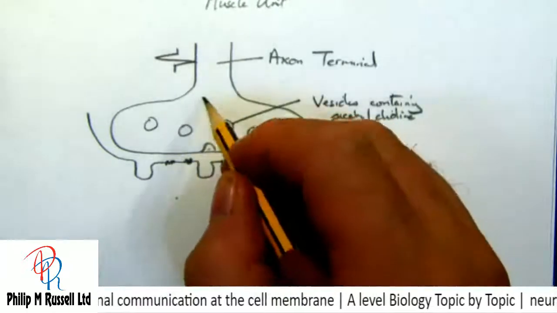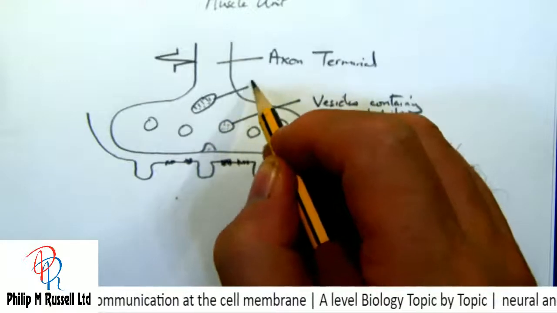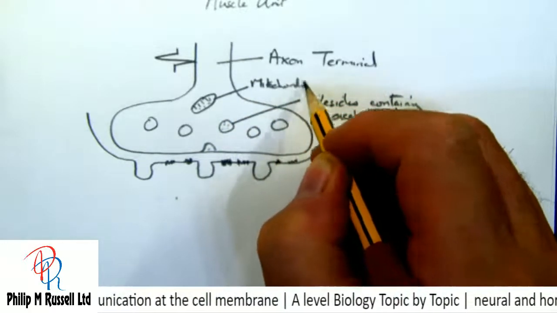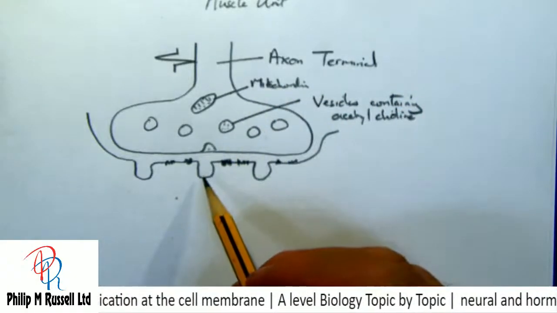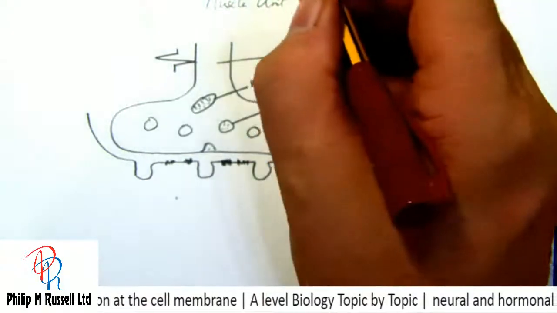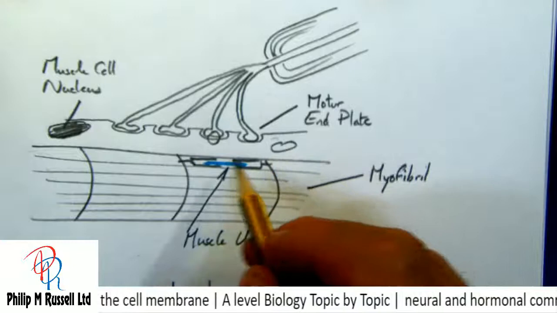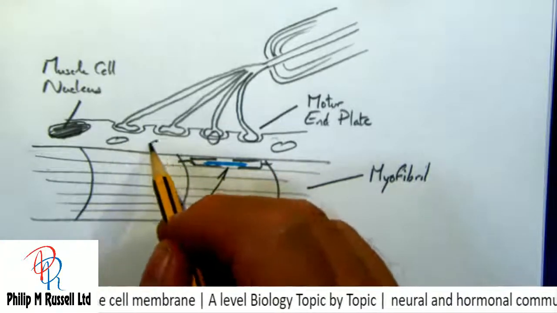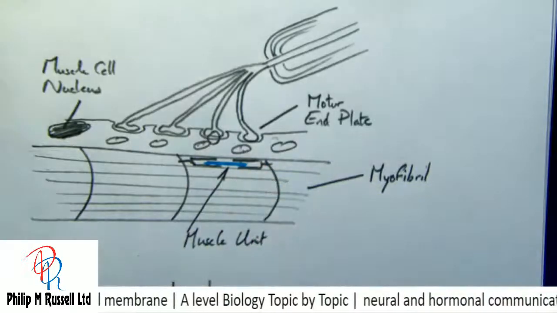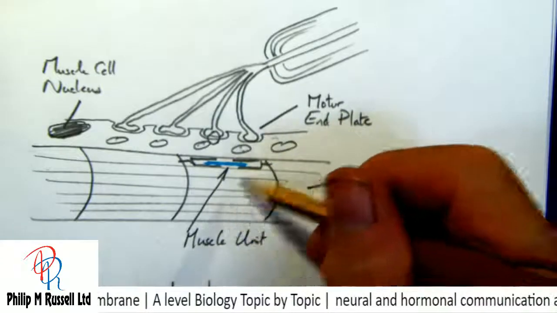So we've obviously got to have quite a lot of mitochondria in here, because they're going to power all of this. And on the other side, in this part of the membrane, we're going to have quite a lot of mitochondria, because they've got to supply the ATP for powering the muscle.